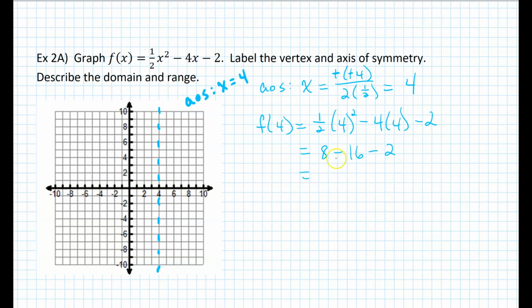So I get -10, which means my vertex is located at 4, -10.